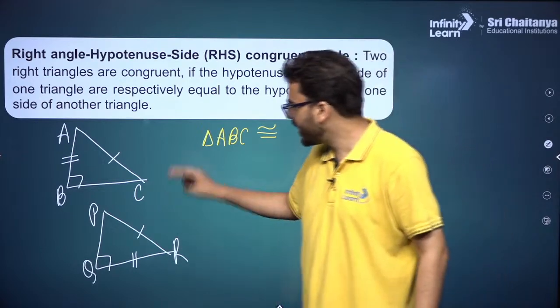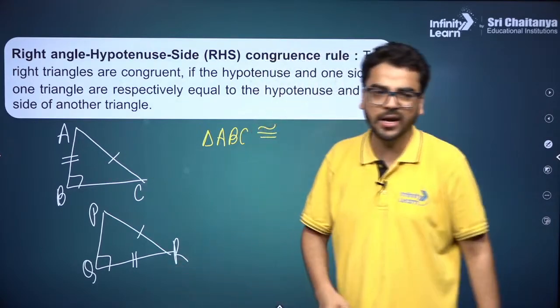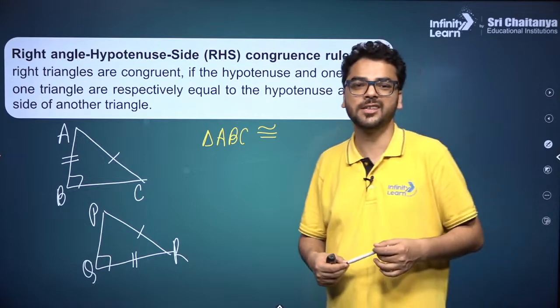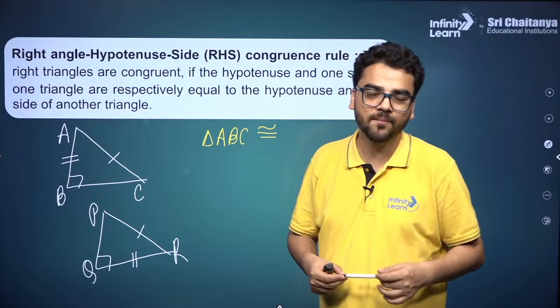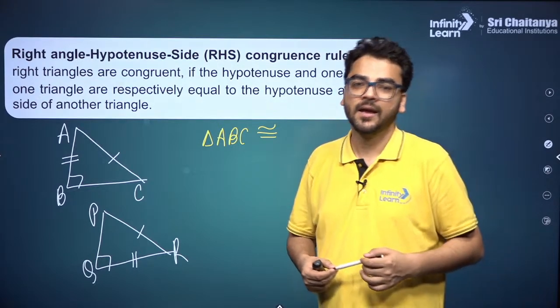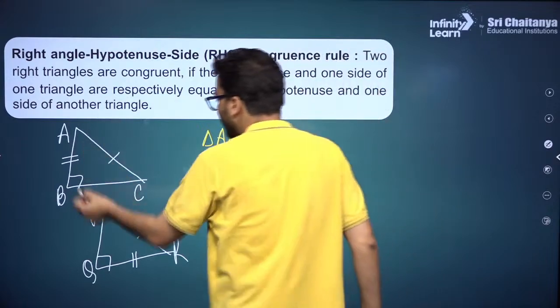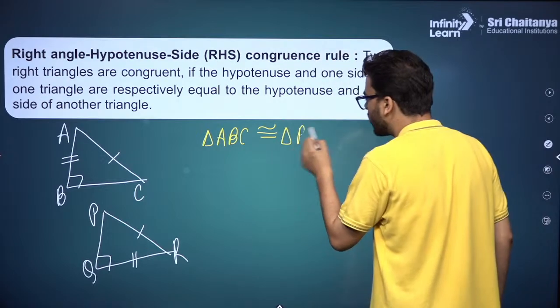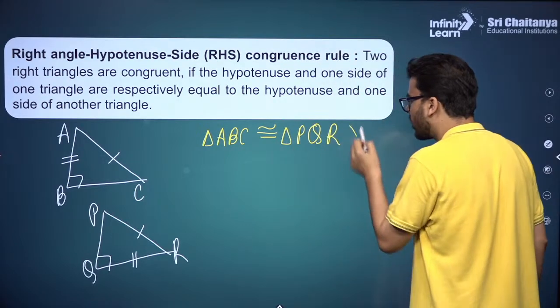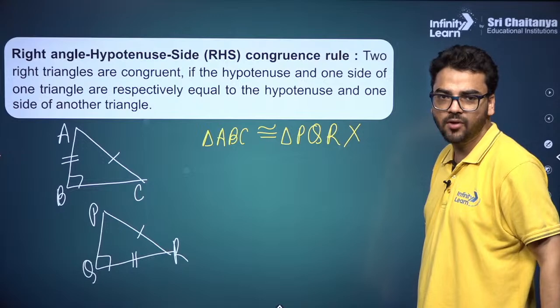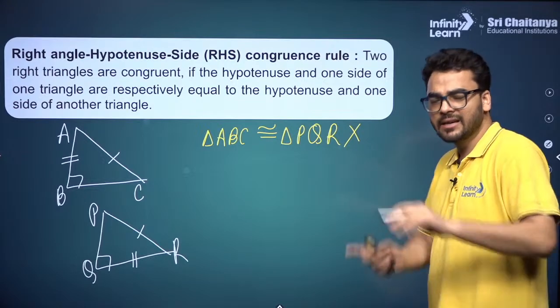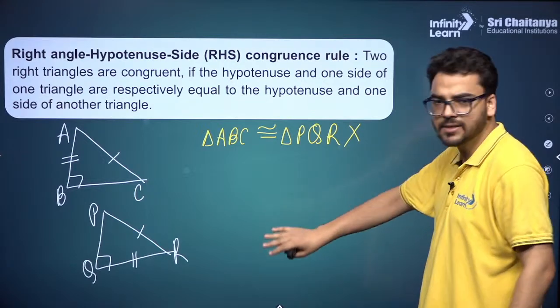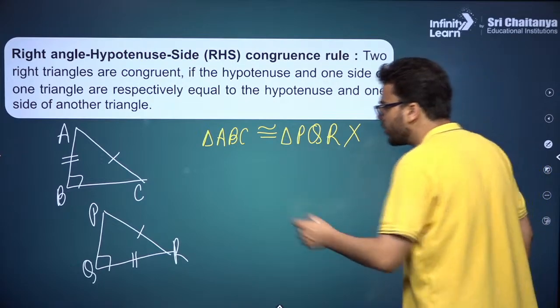Now tell me, guys, ABC is congruent to which triangle over here? Can you write it properly in the chat? Because that is very important actually. So you cannot say over here that ABC is congruent to PQR. If you write ABC congruent to PQR, that is not correct. The reason being you have to write congruency correspondingly. PQR is not congruent to ABC over here.